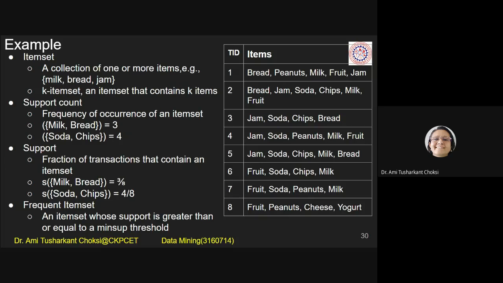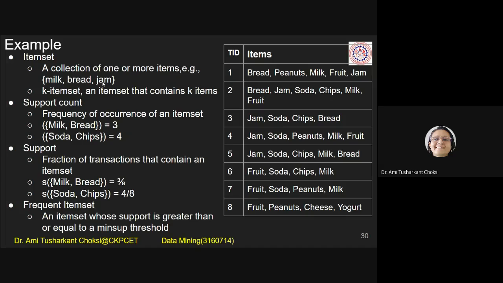Now let us see the example. We can be clear with the idea of what is support and what is confidence. So a collection of one or more items, for example, milk, bread, jam.